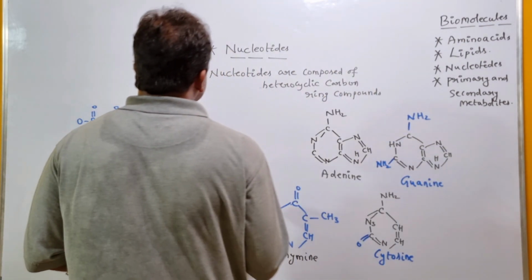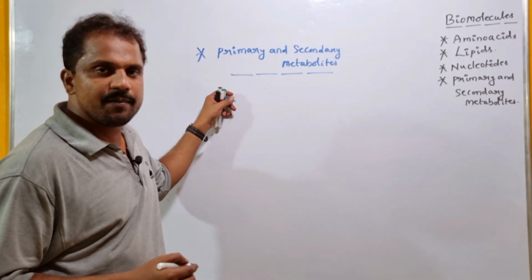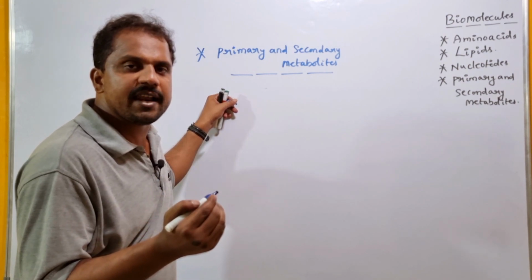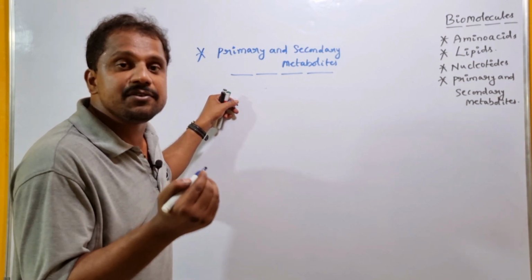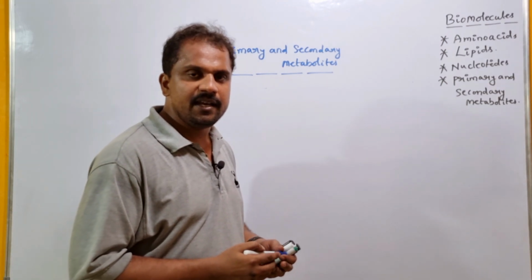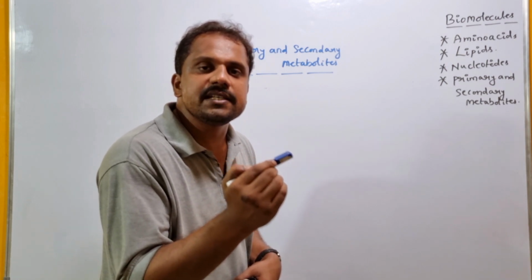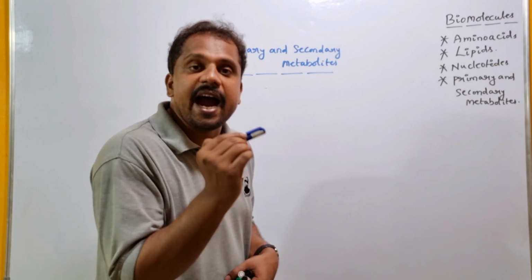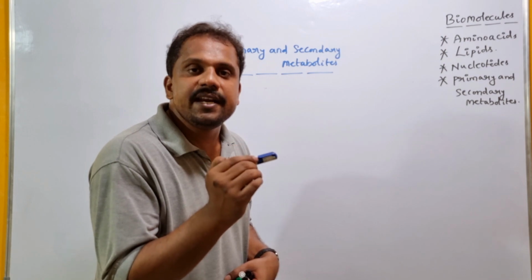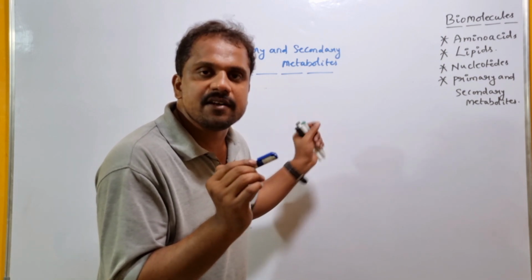So what are primary and secondary metabolites? One of the important aspects in chemistry deals with isolation of thousands of organic compounds from the various living organisms. Is it clear? It also deals with identifying the structure of these organic compounds, and in addition, elucidating the various biosynthetic processes which are involved in the biosynthesis of these organic compounds.